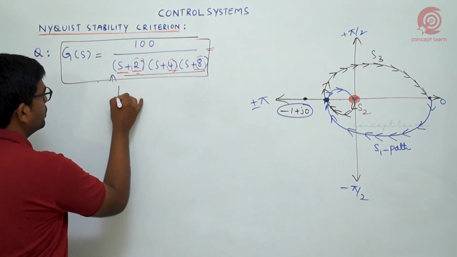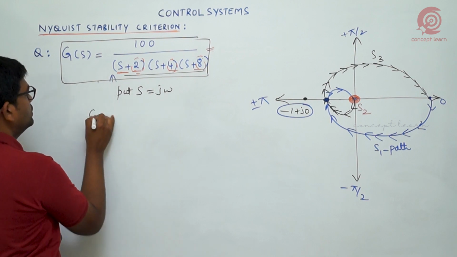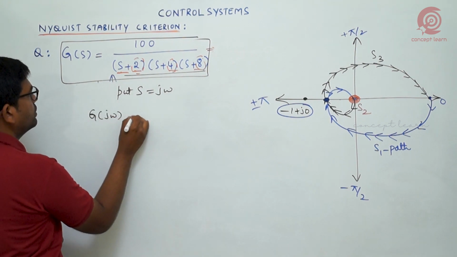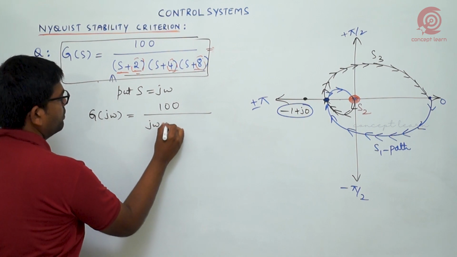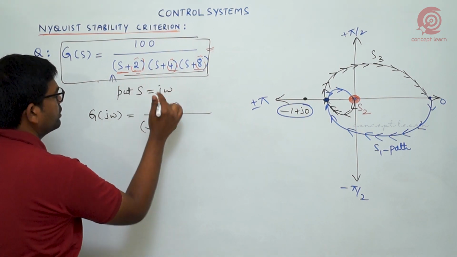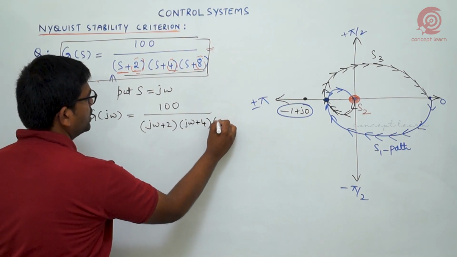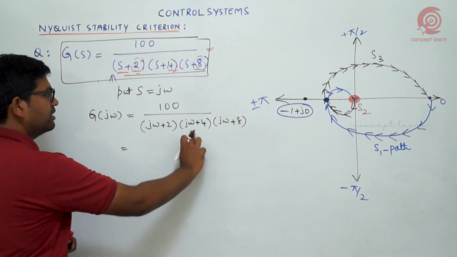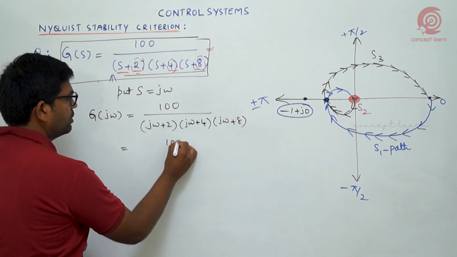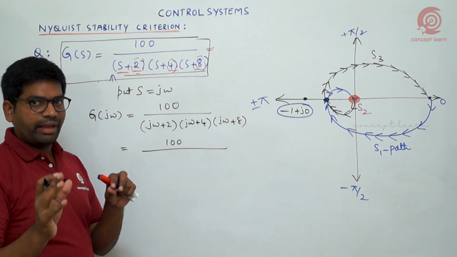For that we follow this procedure. Put s equal to j omega, then G of j omega is equal to 100 by j omega plus 2, meaning wherever s is there we put j omega, into j omega plus 4 into j omega plus 8. When you expand this denominator and separate the real and imaginary parts, directly I am writing the result.